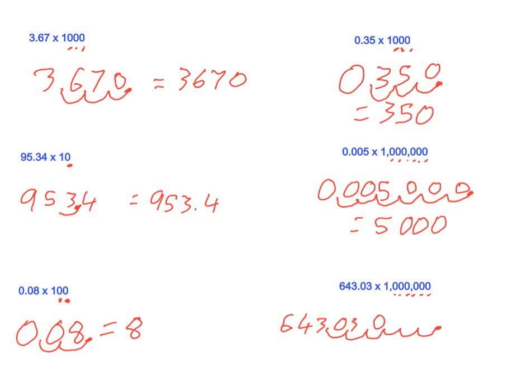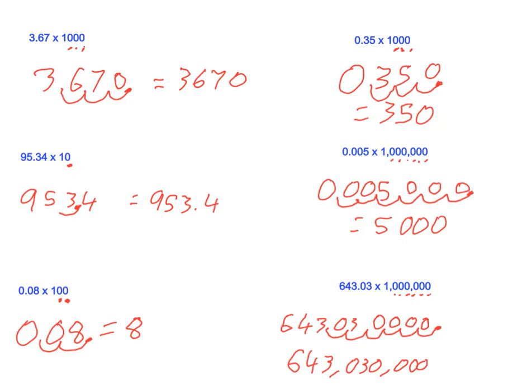We'll put the zeros in the gaps. And now my number, as you can see, is very big. 643,030,000. So it's 643 million and 30,000. And I'm just putting little commas to separate every three numerals, so it's a little bit easier to read. And there we go.